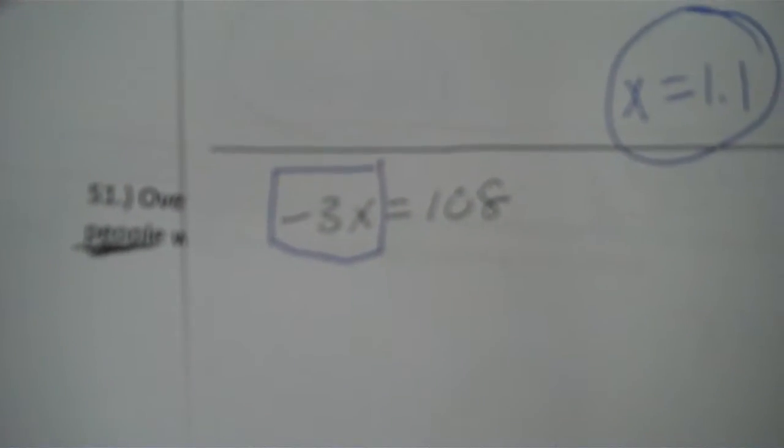Negative 3x equals 108. So if I want x equals, again, we got a negative 3. We can't fit a 1 in there because there's a negative 3 there. Box it up. There's nothing outside the box, but I don't want that negative 3 there. I want a 1 there instead.